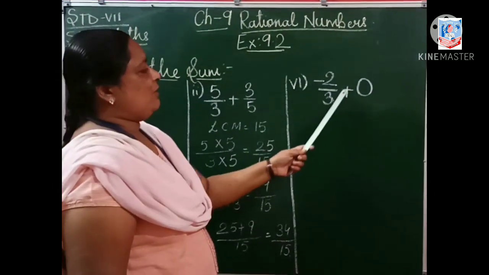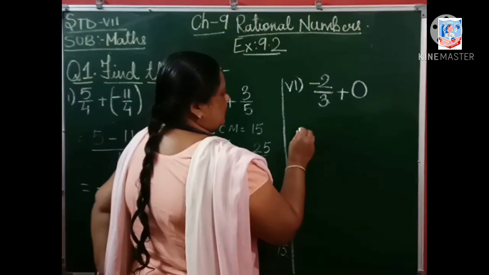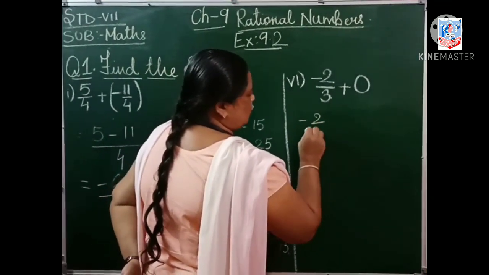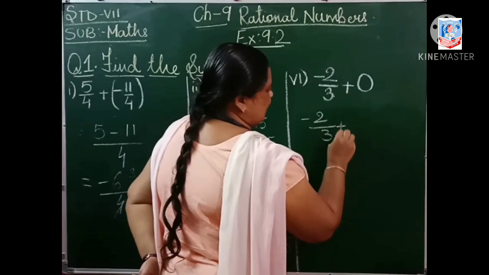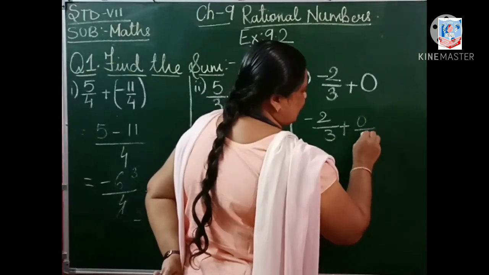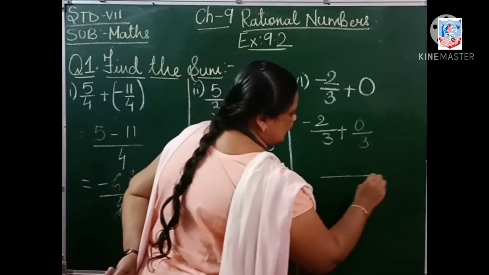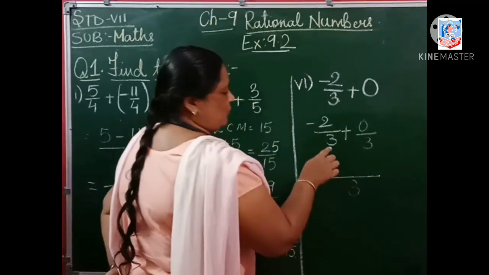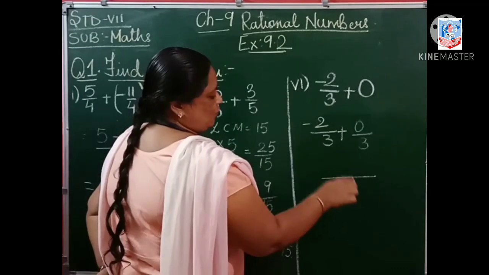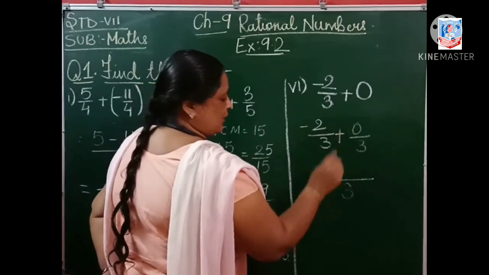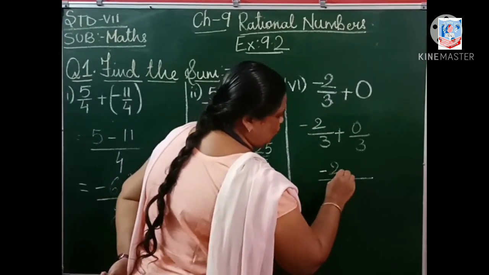Minus 2 by 3 plus 0. So minus 2 by 3 plus 0 by 3. The denominators are the same, we have done this. So the denominator is equal. So 3 into 1 is 3, minus 2 into 1 is minus 2.